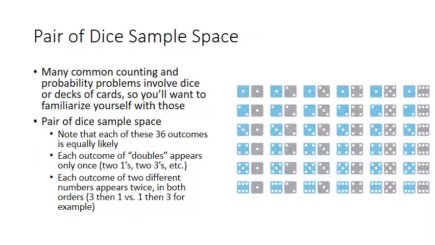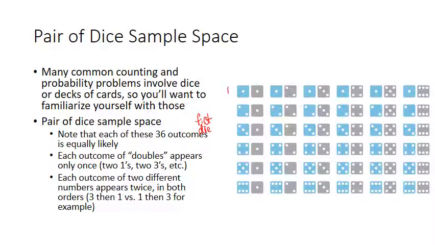So first of all, I want to go over the sample space for when you're rolling two dice. A lot of common counting and probability problems involve dice and cards and coins and things like that, so you'll want to familiarize yourself with these sample spaces. So for the pair of dice sample space, it does have 36 possible outcomes. You can think of the first die as giving you the rows.